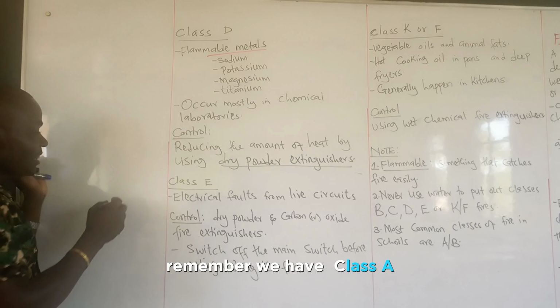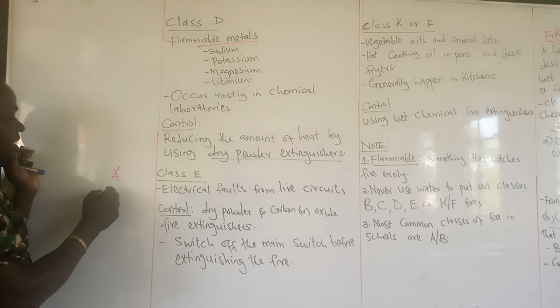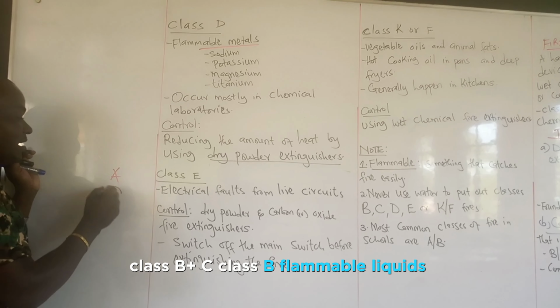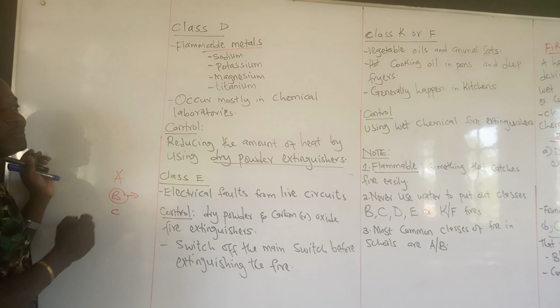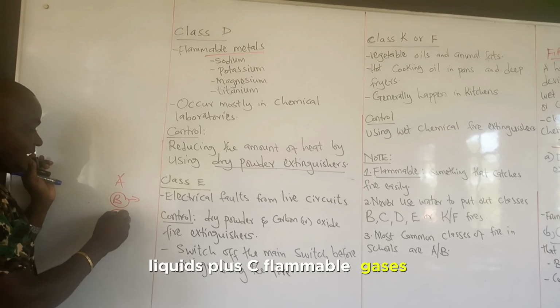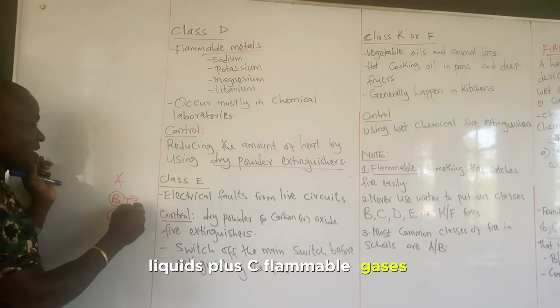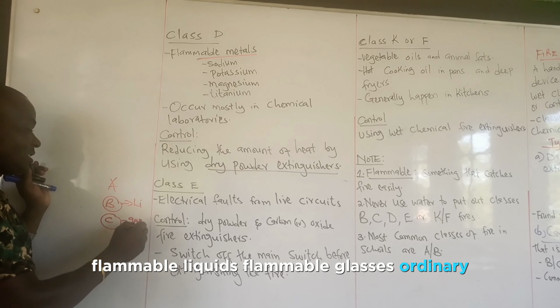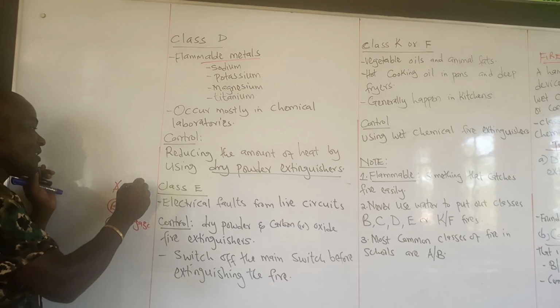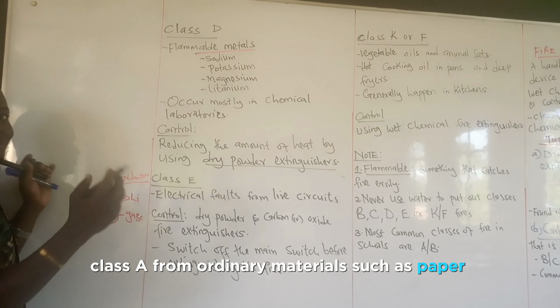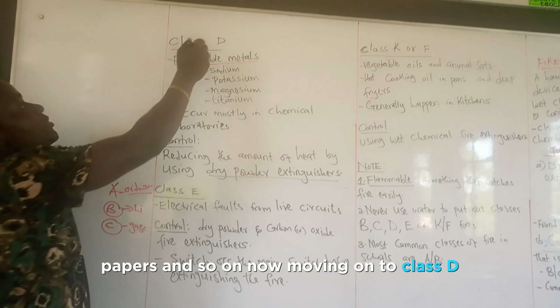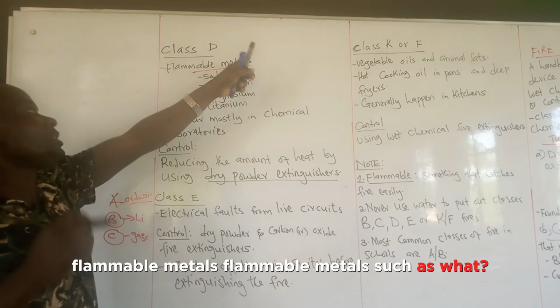Remember, we have said class A is ordinary materials such as clothes, papers, and so on; class B, flammable liquids; class C, flammable gases. Now moving on to class D, flammable metals.